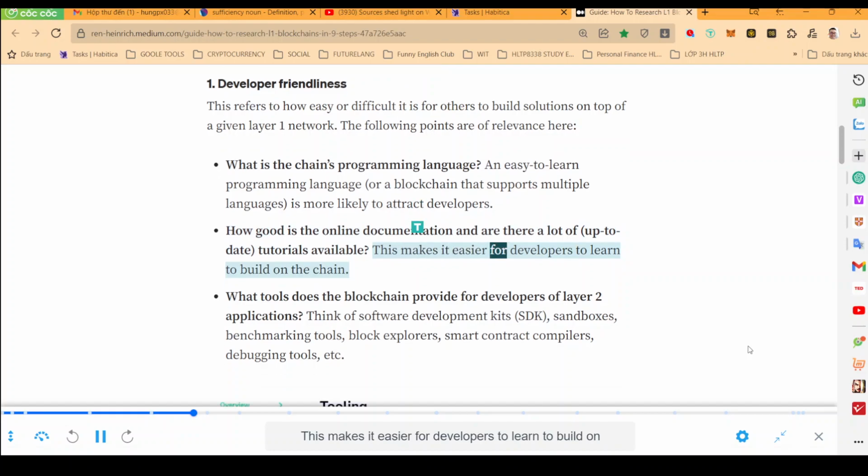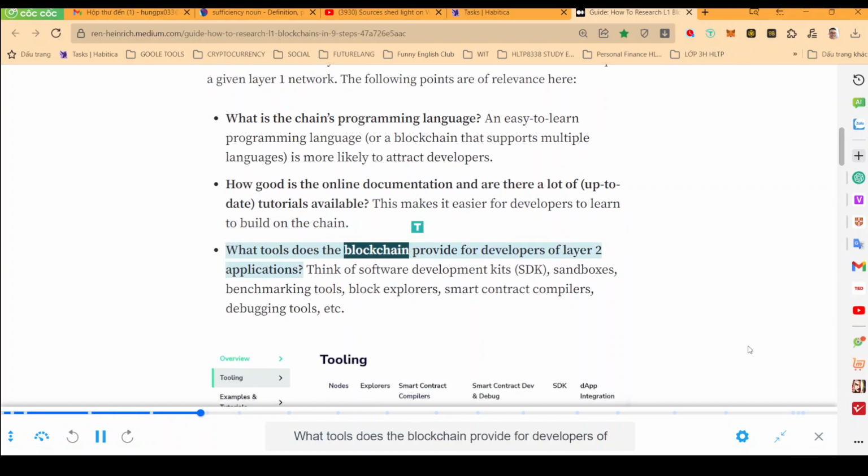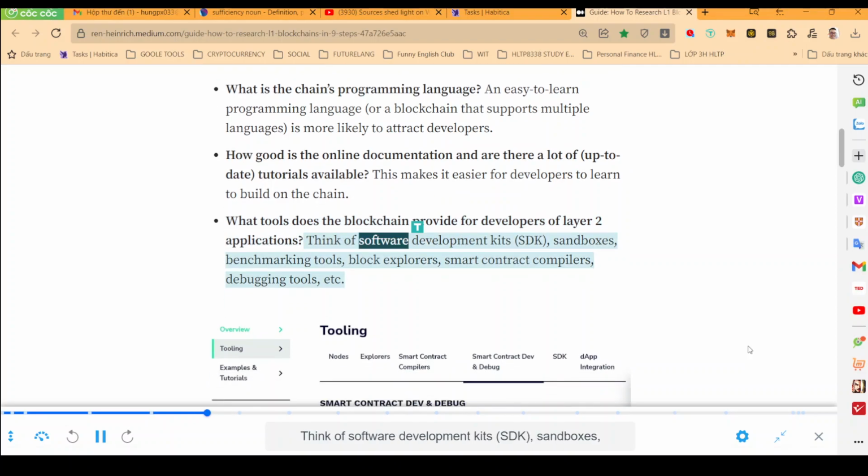This makes it easier for developers to learn to build on the chain. What tools does the blockchain provide for developers of Layer 2 applications? Think of software development kits, SDK, sandboxes, benchmarking tools, block explorers, smart contract compilers, debugging tools, etc.